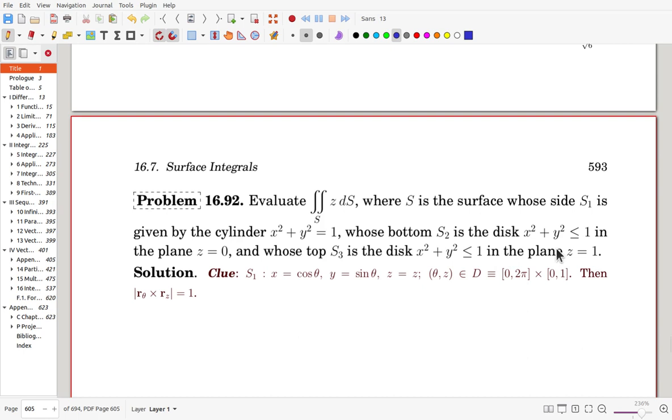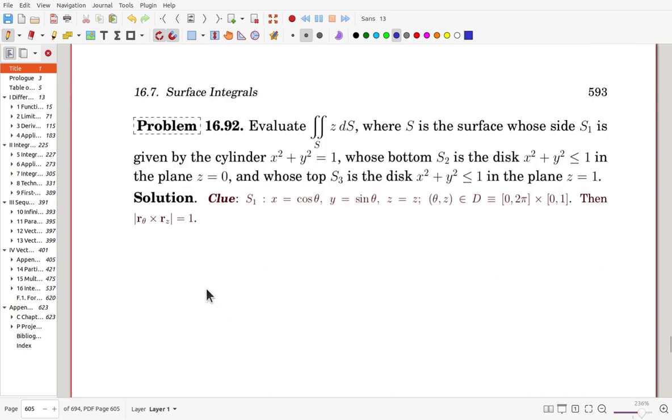So it is a cylinder, and the z direction is from 0 to 1. Let's try to visualize the surface.